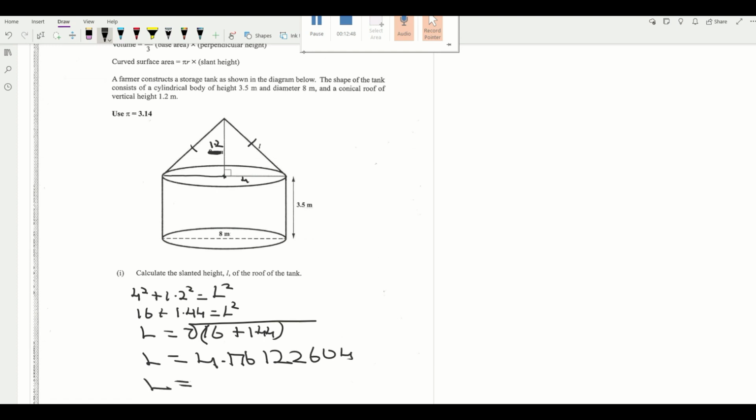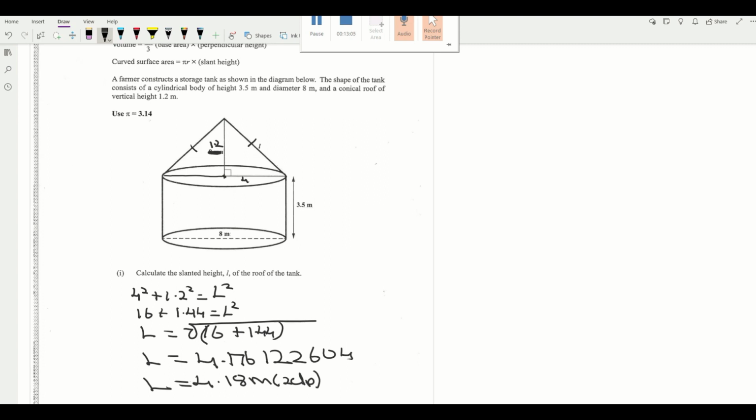So my length would be 4.18, and this is in meters, and you put it to 2 decimal places. You'll tell them that you approximated to 2 decimal places.